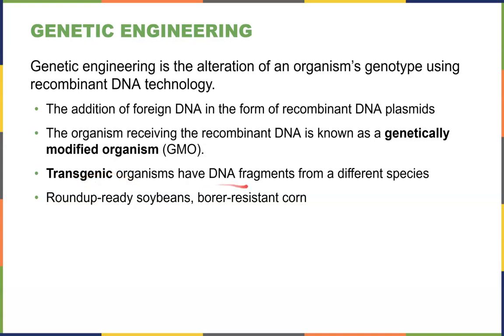Transgenic organisms have DNA fragments from different species, like Roundup Ready soybeans and borer resistant corn. So these two crops, soybeans and corn, received some genes from other organisms that were already immune to Roundup or immune to those borer bugs.